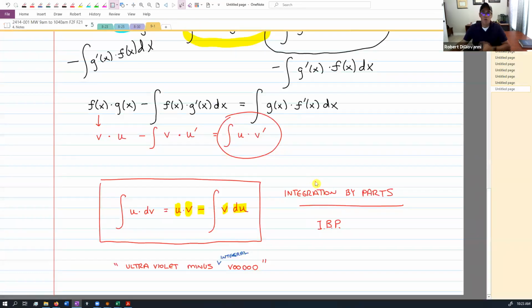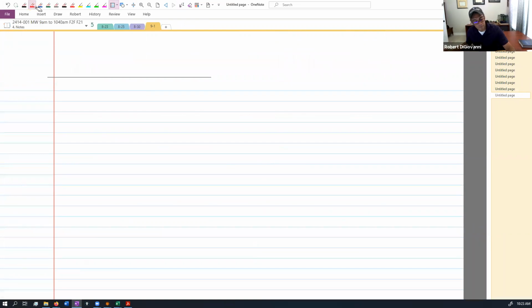All right. So what is this formula doing? Why? How is this even useful? So let me write it down again. If we have an integral of u times dv, this will always be equal to u times v minus the integral of v times du. So the spirit of this formula is this.